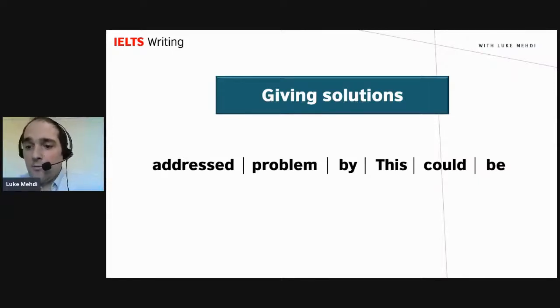So remember, when you have one of these WH question words, and then you need to give to, and then the verb, and that verb should be its infinitive or base form, for example, to be.